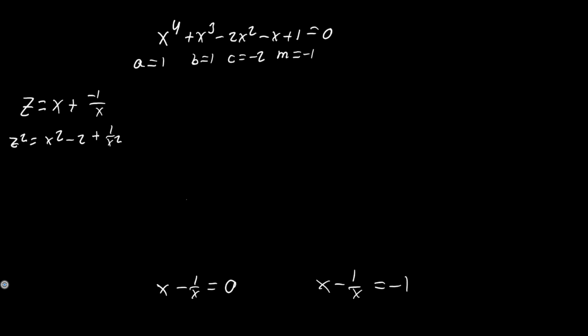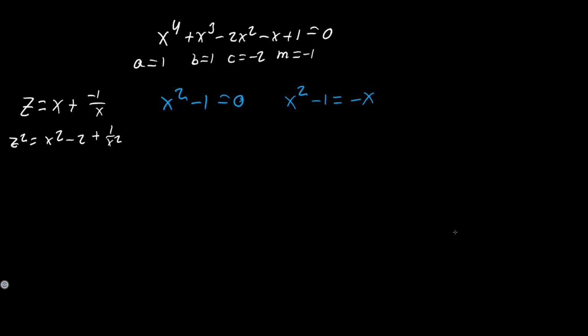So we'll rewrite those two quadratics now, which are x squared minus 1 is equal to 0, and x squared minus 1 is equal to negative x. Solving for the left quadratic, we get x is equal to plus or minus 1. Now for the second quadratic, we have to move x to the left-hand side, so we have x squared plus x minus 1 is equal to 0.